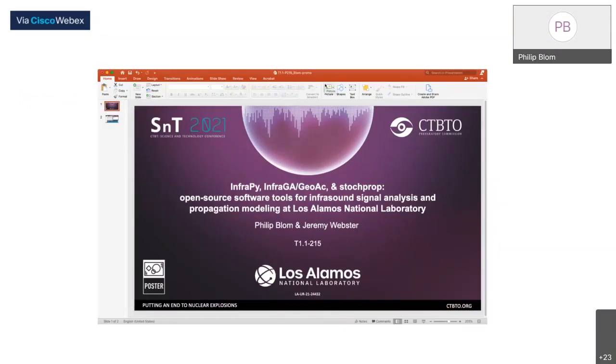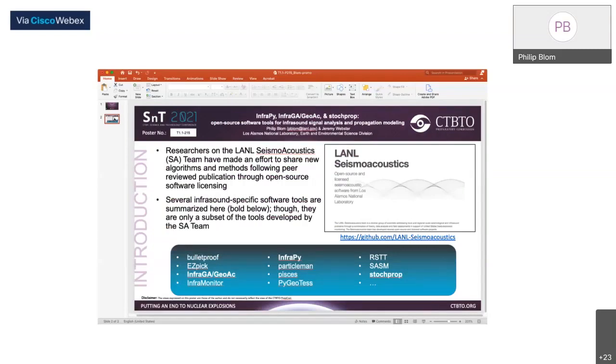So InfraPy, InfraGA, GeoAc, and StochProp are infrasound-specific open source tools that we've developed recently. And the poster is highlighting some details of those and then demonstrating an application to the Beirut explosion that happened last year that was discussed in the previous poster.